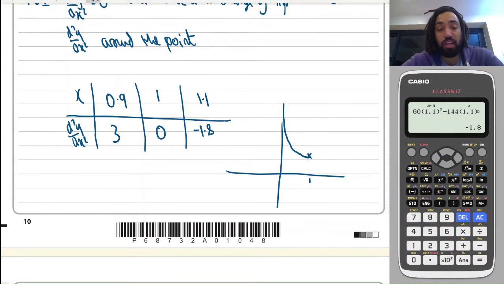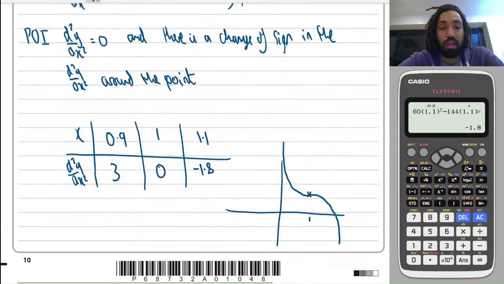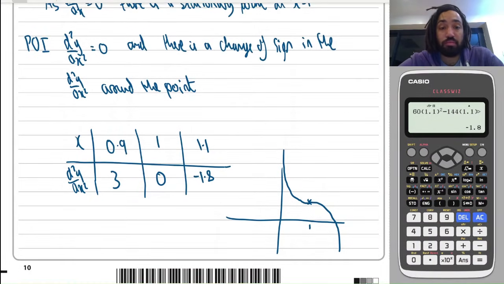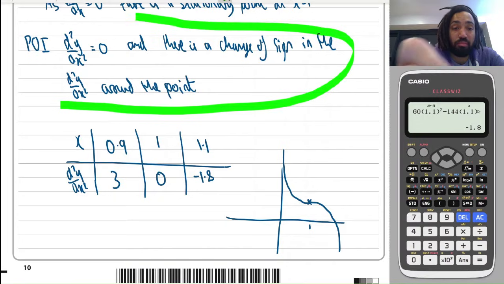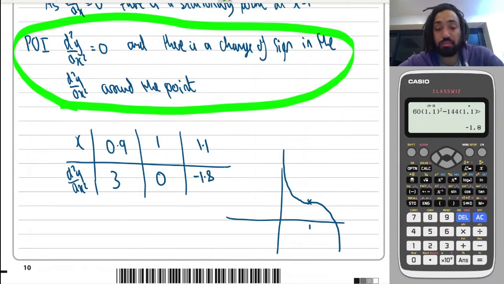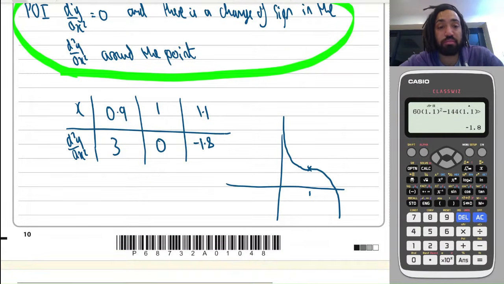And then on the other side, we've got a negative value, which means there's some sort of maximum shape. So you get that point of inflection there, where it's neither a maximum nor minimum. Essentially, I've already done the conclusion by writing this here. Perfect. But always write a conclusion statement.